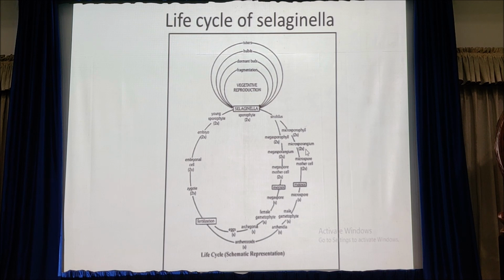The microsporophyll carries the microsporangium and microspore mother cells, and the microspore mother cell undergoes meiotic division and produces microspores. They are haploid in nature, and this haploid microspore germinates and forms the male gametophyte, which bears antheridia and antherozoids.